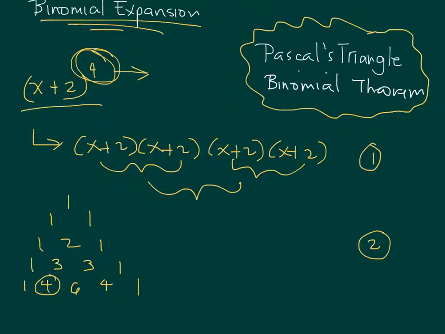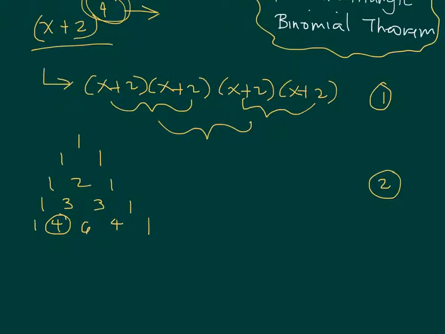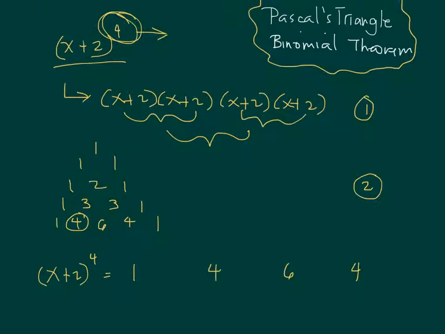So to expand x plus 2 to the fourth, I should have 1 4 6 4 and then the 1. For Pascal's triangle, a more systematic way of doing this is, I have x to the 4, and then x cubed, x squared, x and no x.